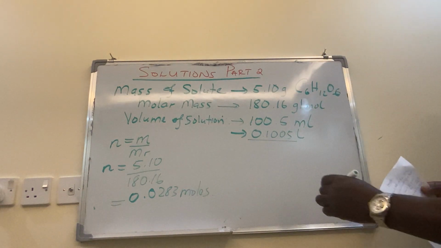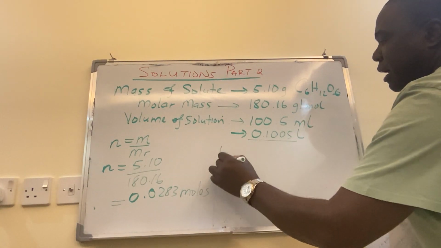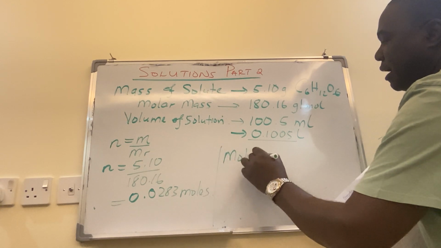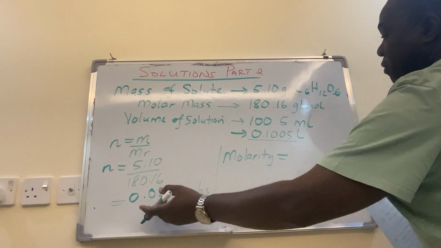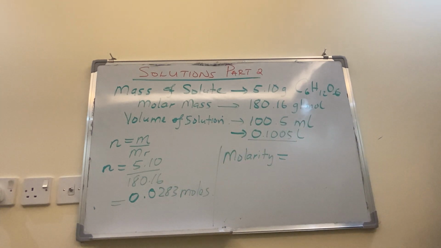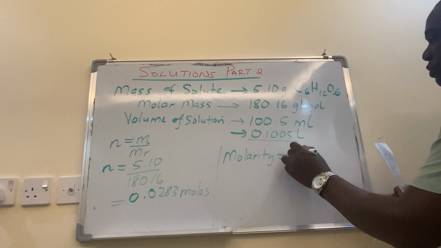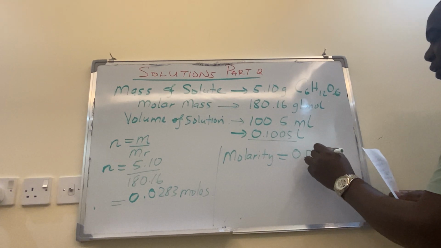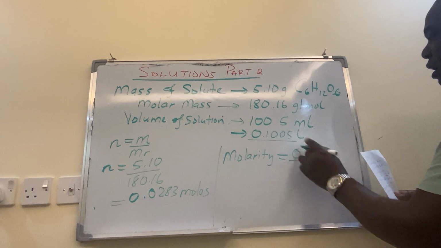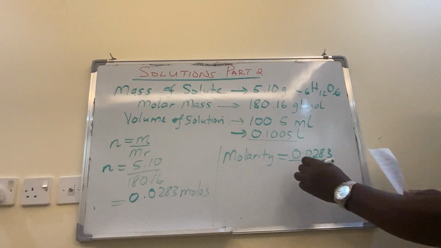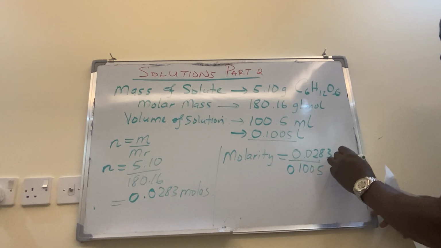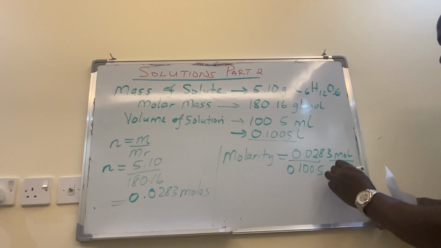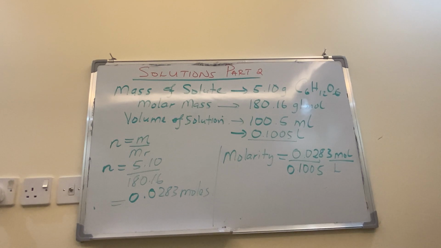Okay, but we want to calculate molarity. So it's equal to the number of moles which you have calculated over the liters that we have there. So we are going to have 0.0283 over that number, 0.1005. So we have moles at the top and then we have liters down there, okay?